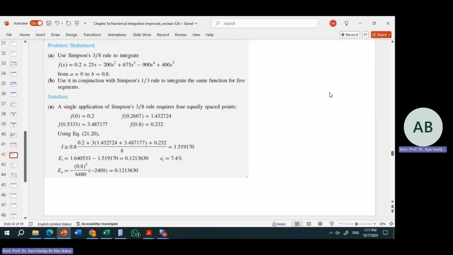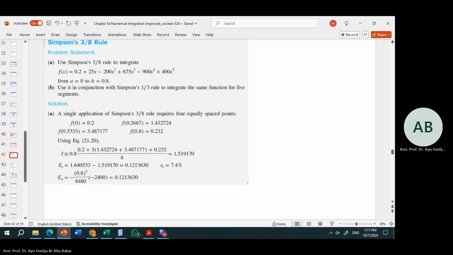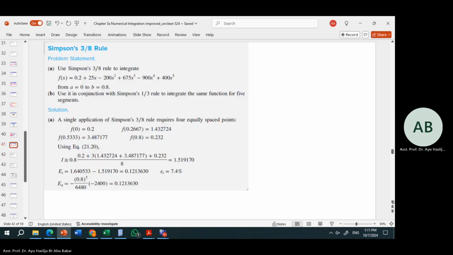Okay, so we try this. Simpson 3/8 rule. For A, 3/8 doesn't mention what the n is, so we assume single application, n equals 3.